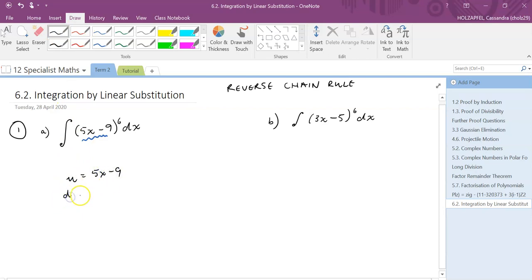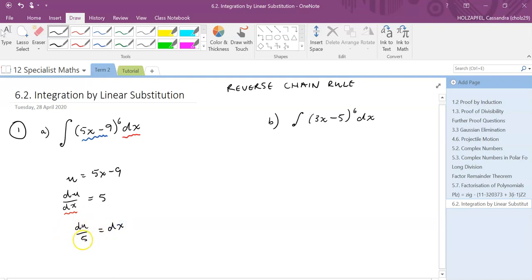Just like with the chain rule, we're going to find the derivative, so du/dx is equal to 5. Now this is called linear substitution because we're going to start substituting some values in. I want to find what dx is equal to so I can substitute it in here. So I'm going to rearrange this to get du over 5 is equal to dx.